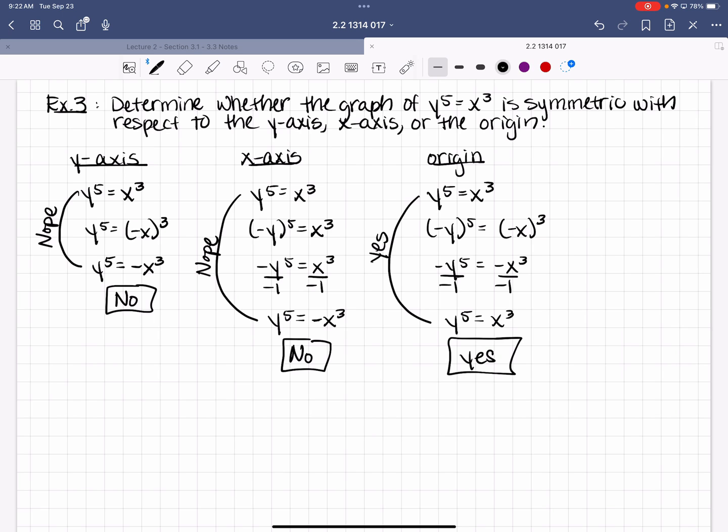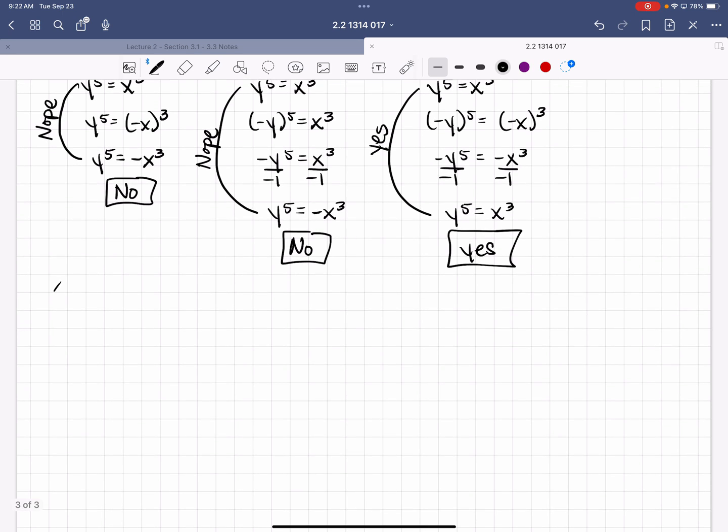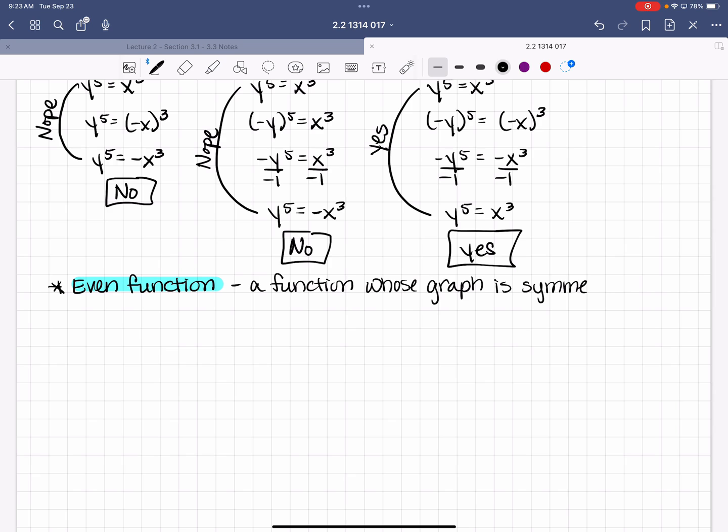The next little part, we touched on it a little bit already. An even function, if a function is even, notice it has the word function in it. Okay, even function is a function whose graph is symmetric with respect to the y-axis.